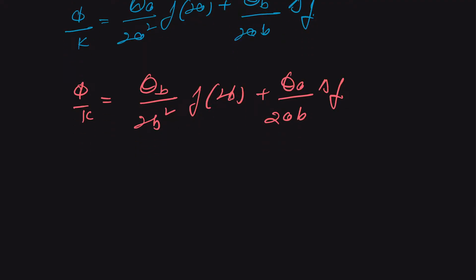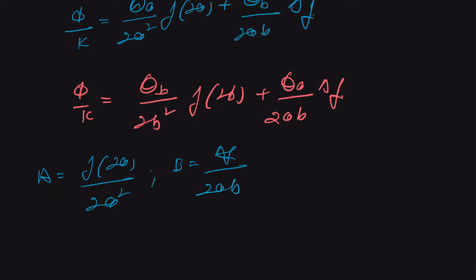We are going to assume that a is equal to function of 2a upon 2a square, and b is equal to delta f upon 2ab, and c is equal to function of 2b upon 2b square. And that is going to serve our purpose.